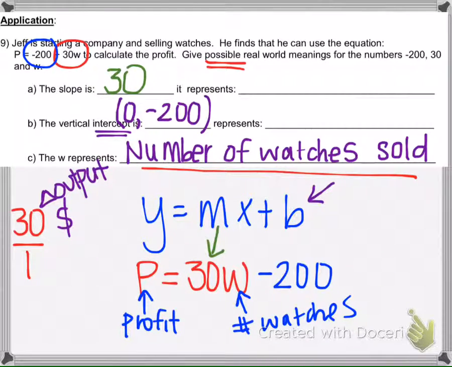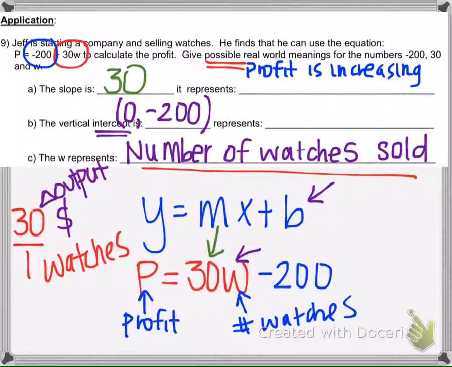And then the input right here is the number of watches. So we could say the profit is increasing $30 per watch that is sold.